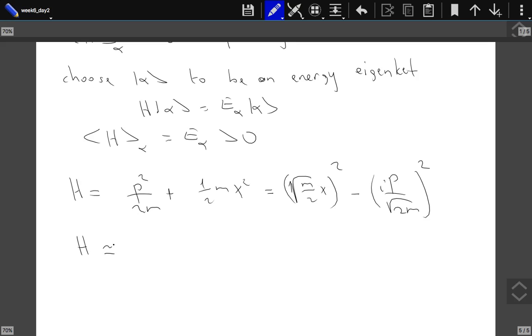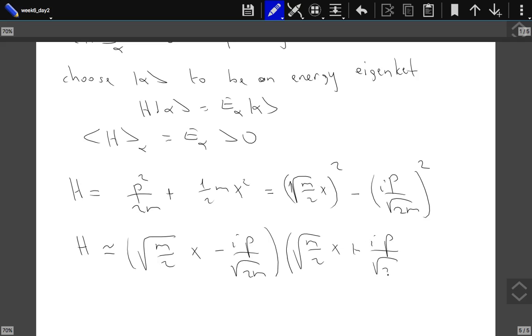So H seems to be equal to this one: square root of m over 2 x minus i p over square root of 2m, times square root of m over 2 x plus i p over square root of 2m. It looks nice. So we have just the product of two things.